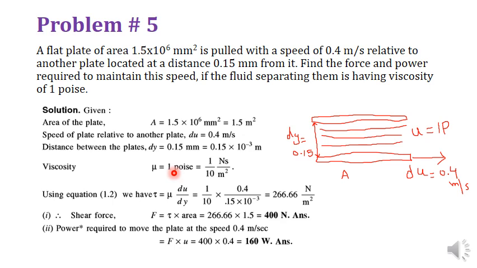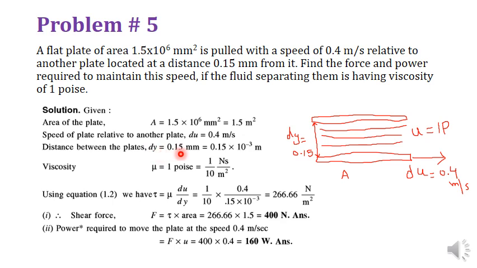This is the step-by-step solution that should come to your mind while going through the statement. So the given input data is the area of the plate, 1.5 × 10^6 millimeter square. Convert it first of all into the SI system, 1.5 meter square. Speed of the plate relative to another plate, okay, that is very important.